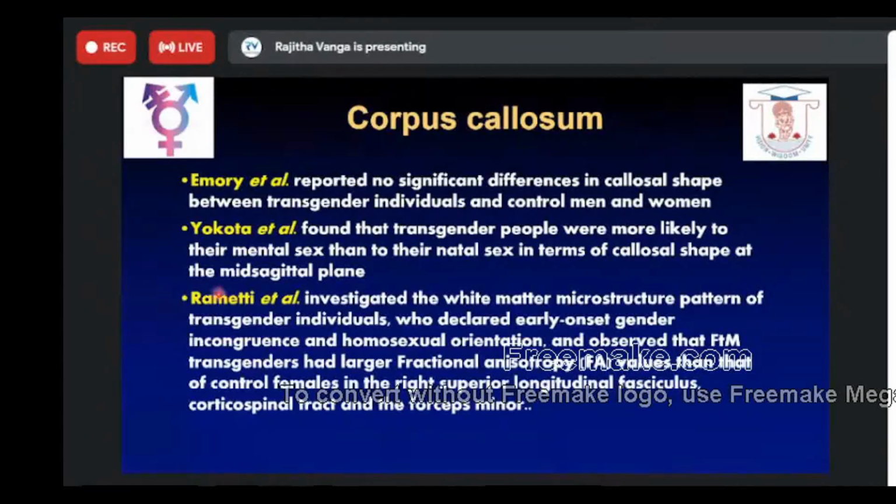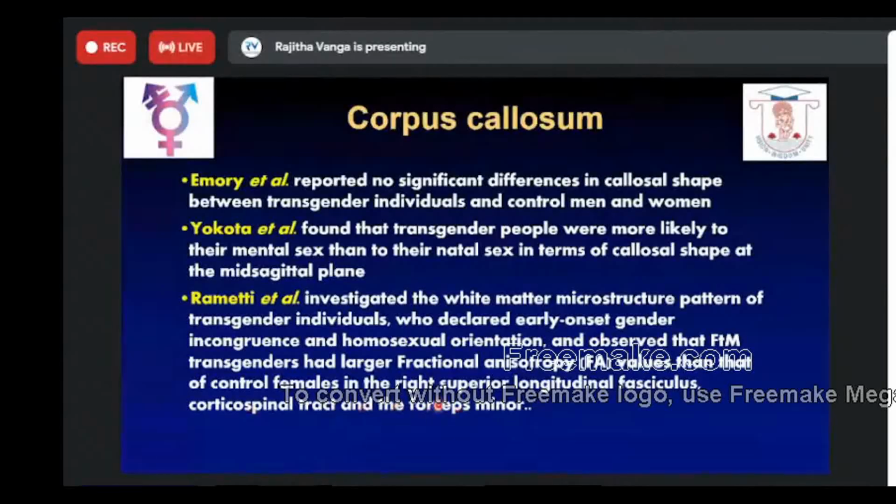And Remeti et al. worked with MRIs and investigated white matter microstructure patterns in transgender individuals. He declared that early onset gender incongruency and homosexual orientation were especially observed in female to male transgenders when compared with control females.